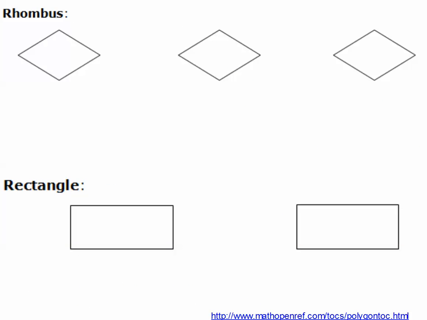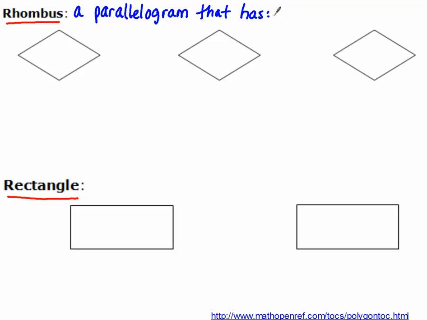If we narrow down a parallelogram in certain ways, we get more specific types of parallelograms like the rhombus and the rectangle. Both of them are types of parallelograms. So we will say a rhombus is a parallelogram that has the following 3 things. 1, all 4 sides are congruent.